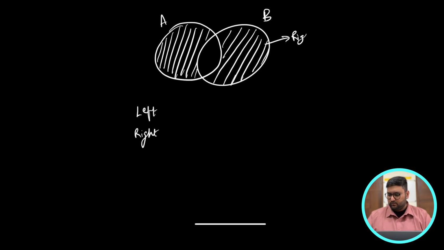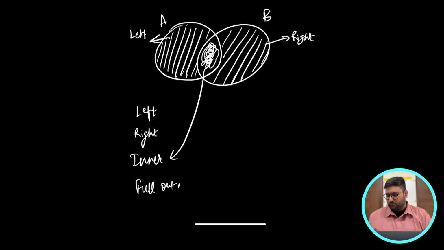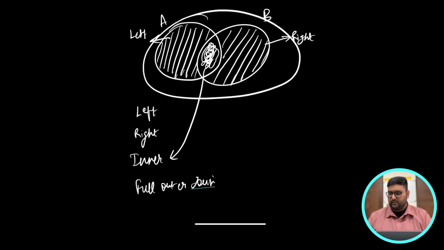This is right, this is left. Your inner join is basically this. So this portion is your inner join, and a full outer join is basically everything in this Venn diagram. The unmatched plus the matched rows is a full outer join. This is how you can understand this.